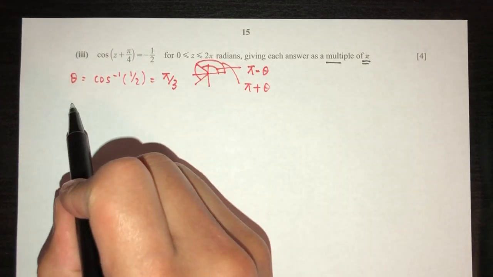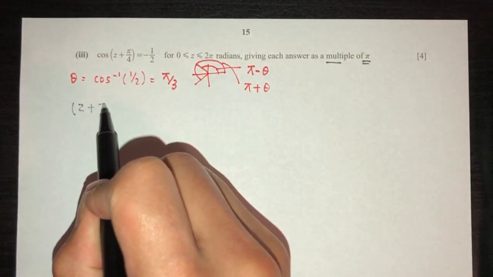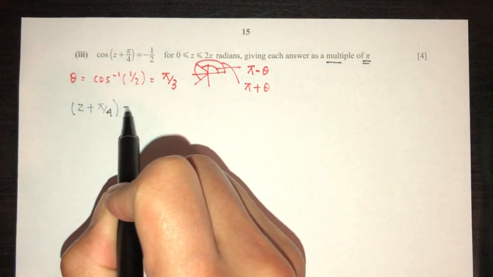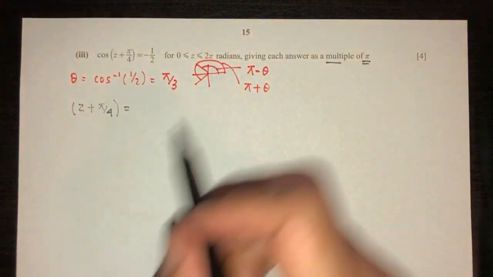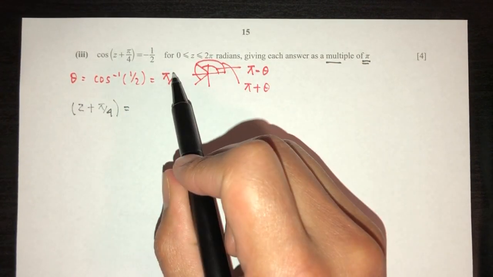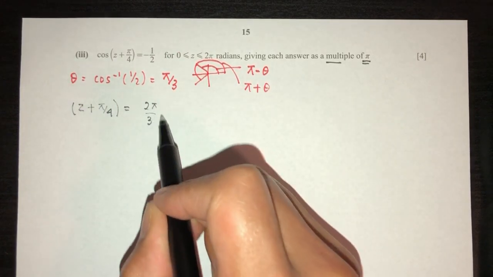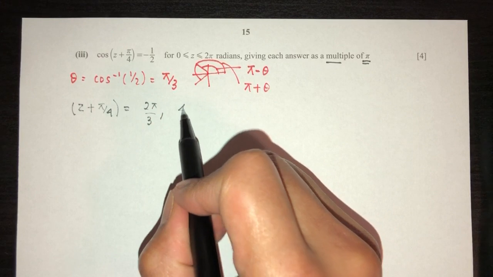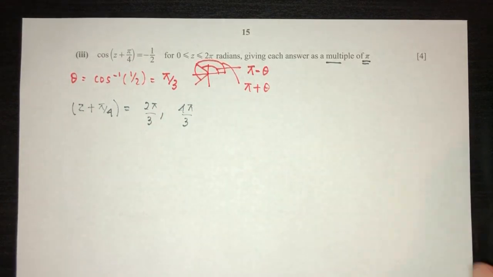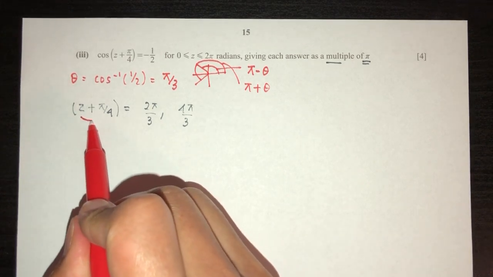Your answer will be the value of the angle inside, z plus pi by 4. That will be according to your quadrants. The first one is given by pi minus this. So pi minus this will be 2 pi over 3. And pi plus this should be 4 pi over 3. Now we have, as you can see here, z plus this angle.